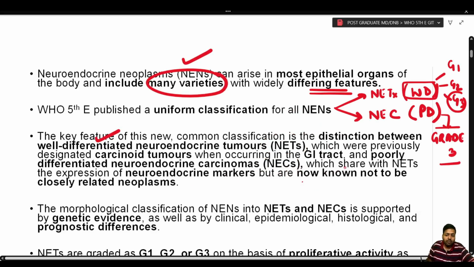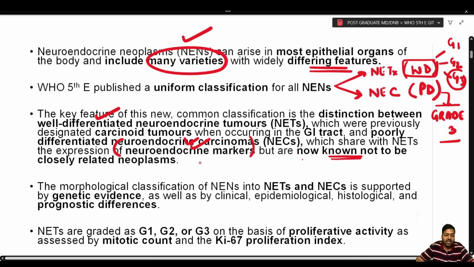So what unites neuroendocrine tumor with neuroendocrine carcinoma, or what is the common feature between them? All NETs and NECs share the expression of neuroendocrine markers, but are now known not to be closely related neoplasms. Although they have lots of differences between each other, they are united by the fact that both neuroendocrine tumors and carcinomas are positive for neuroendocrine markers.